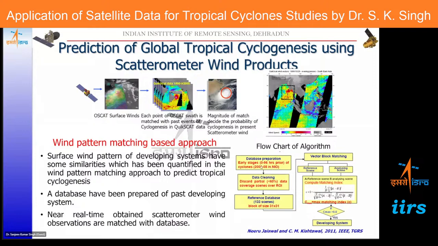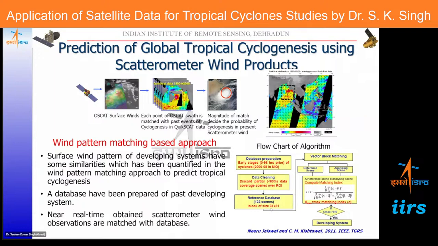What they did: they took the center position from the JTWC site, and from the center they took a wind domain of 31 by 31 size. Because polar satellite coverage is sometimes not available over the cyclone region and sometimes available, they decided that only if coverage was more than 60% would they take the scene. Otherwise, they discarded it.